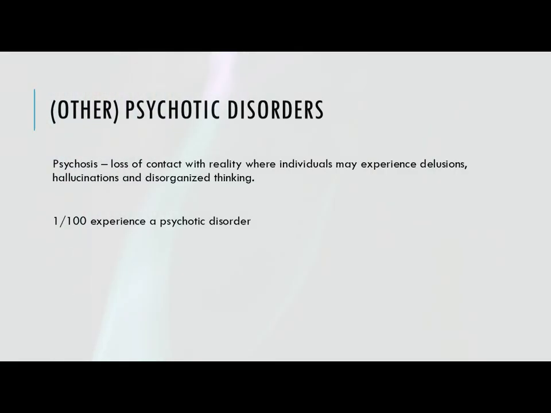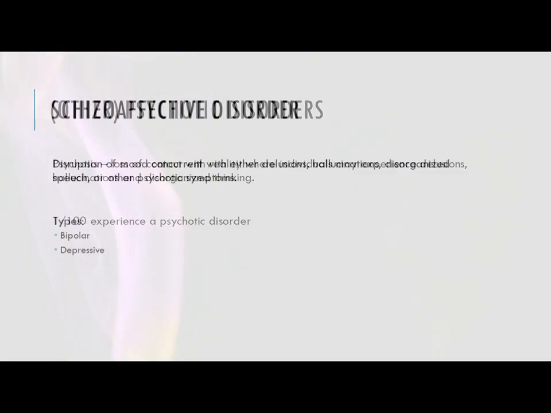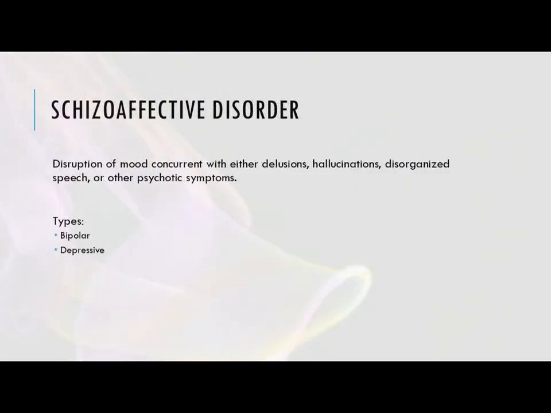So according to the DSM-5, the key diagnostic criteria for schizoaffective disorder include, first off, a major mood episode, either depression or manic. And this is concurrent with what we call criterion A of schizophrenia, which is delusions, hallucinations, disorganized speech, or other psychotic symptoms.